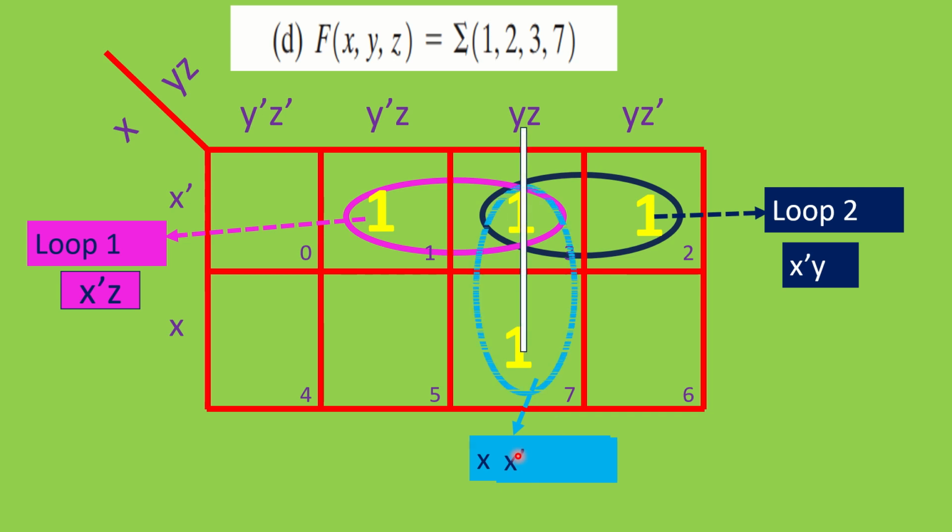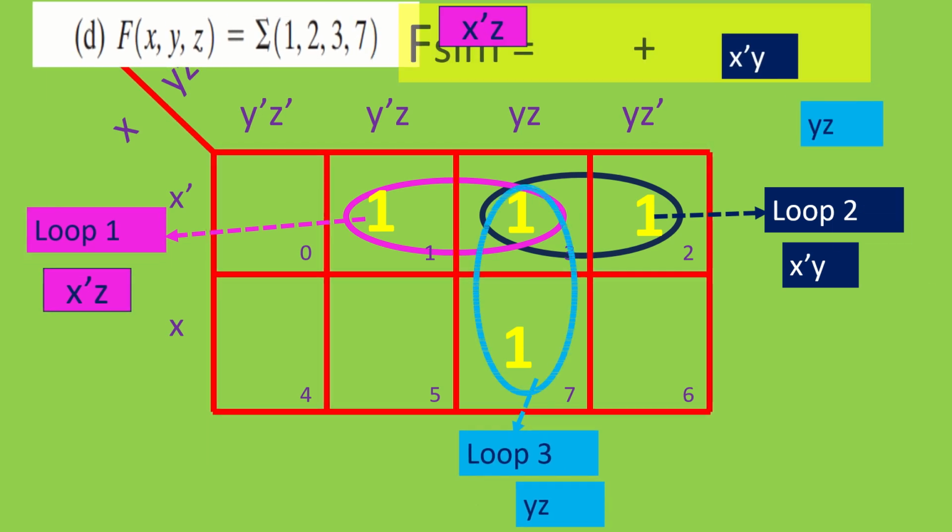Then column wise, the third and seventh cells cover only yz, so it can be marked here. So we got the expression x'xyz. In this x and x' are complements of each other, so they can be removed. The remaining expression is yz. This is for loop 3.